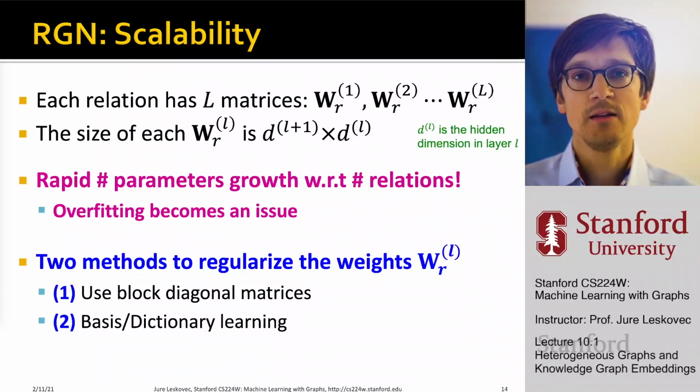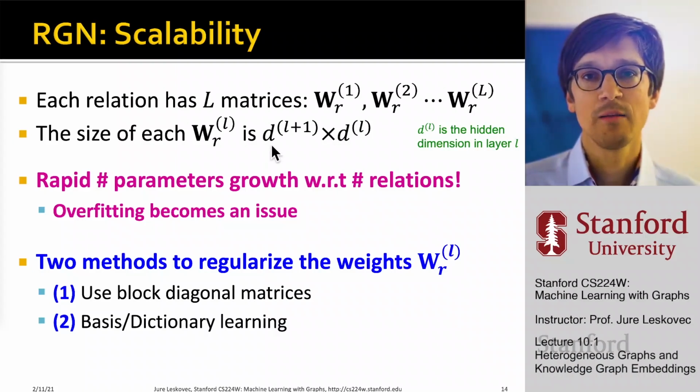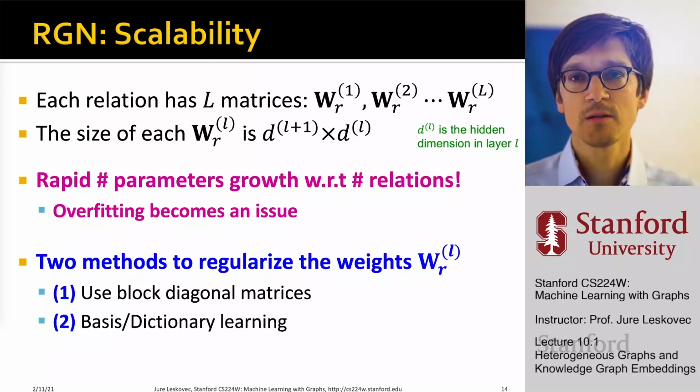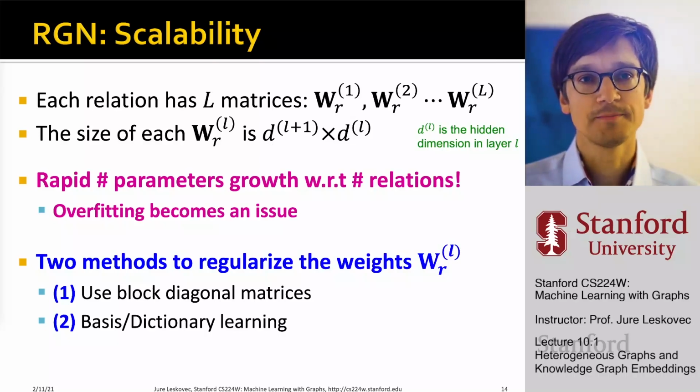So it's basically d_l and d_l+1, the embedding dimension at layer L and the embedding dimension at layer L+1. And these D's can quickly be in the order of a few hundred, maybe up to a thousand.